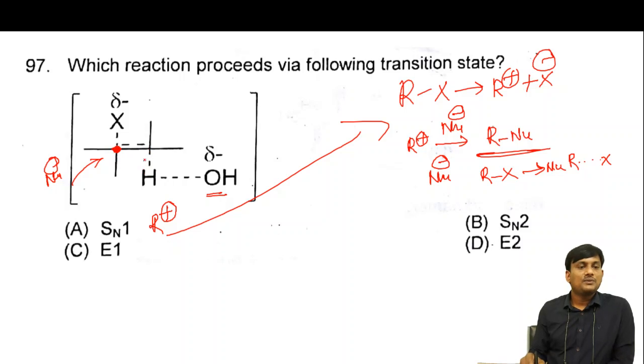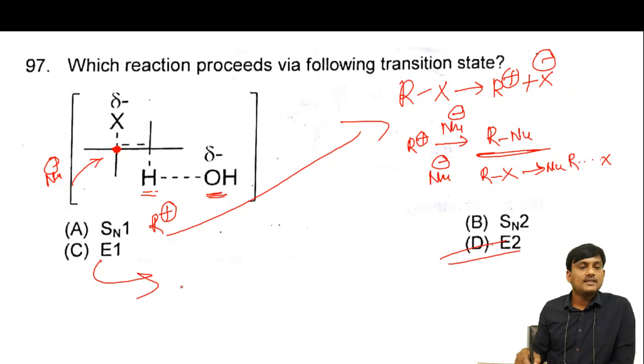So what is the mechanism? It should be an elimination mechanism. There is a formation of a bond between hydrogen and base, and breaking of the bond between carbon and halogen takes place simultaneously. It's a concerted mechanism. Here there is no formation of carbocation.